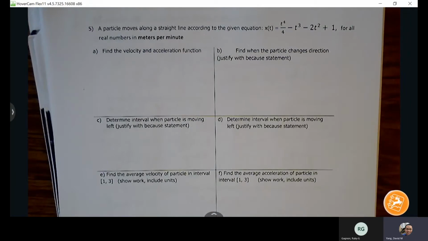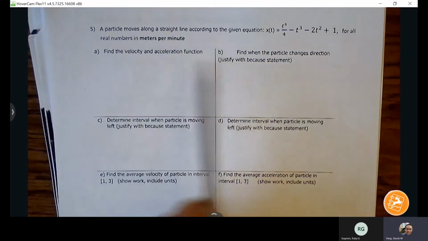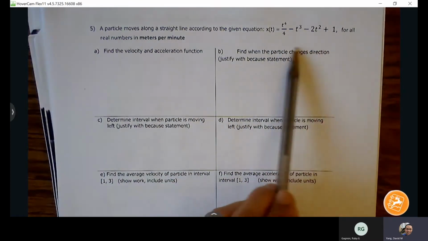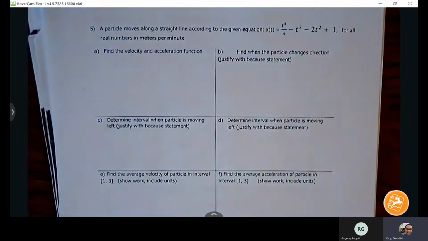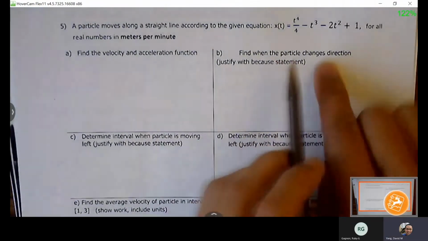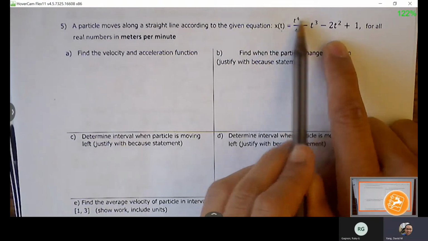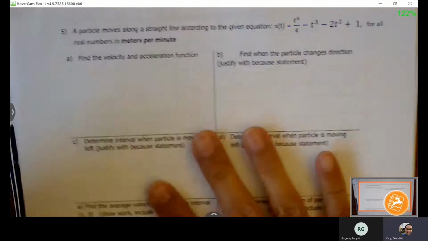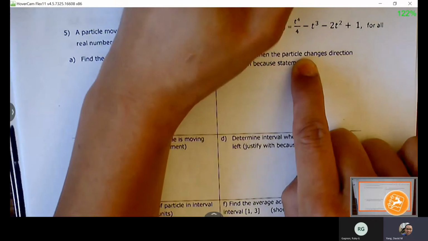Okay, particle motion, number 5. Find the velocity and acceleration function. We can go ahead and go through power rule, right? So find velocity and acceleration. This is really 1/4 t to the 4th, right?